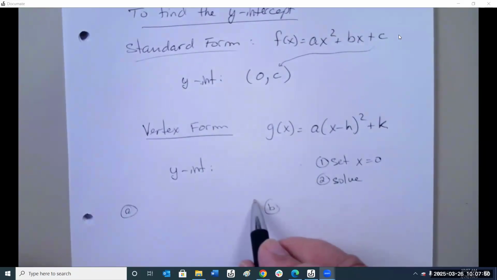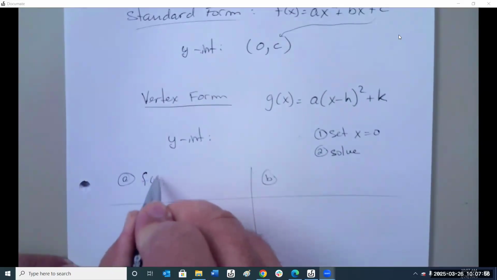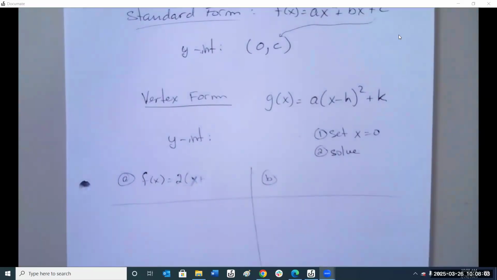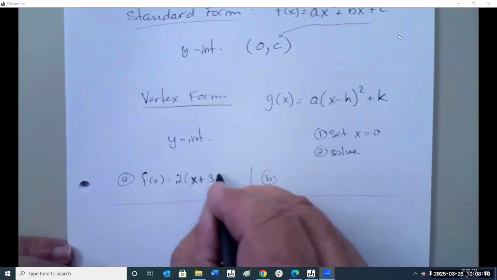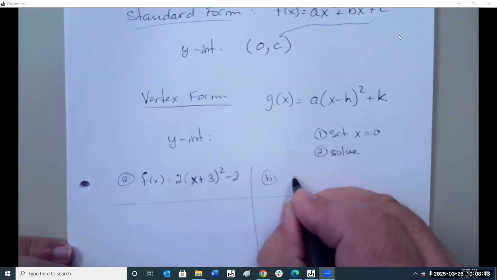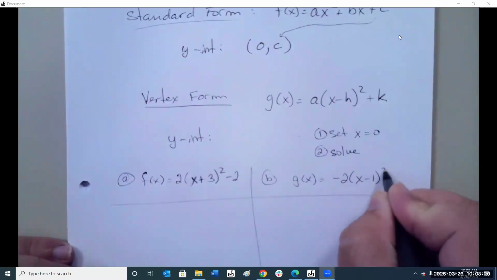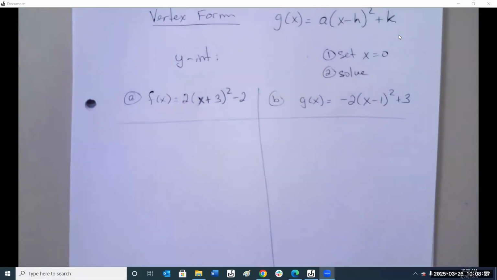So let's look at A and B here. So we notice these are in what form?